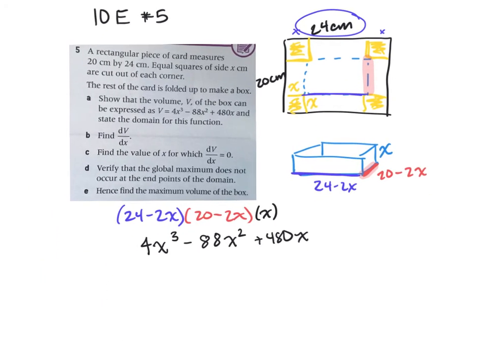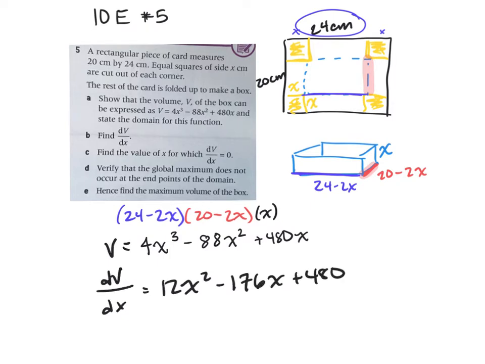So we're going to say this is my V. So dV/dx is going to be 12x squared minus 88 times 2, that would be 160 plus 16, so 176x plus 480. Find the value of x for which dV/dx equals 0.